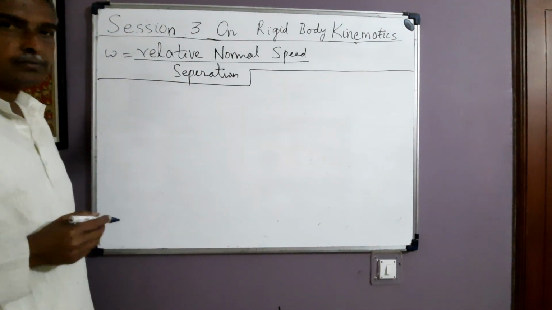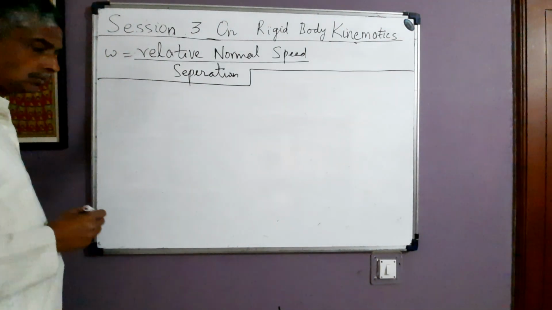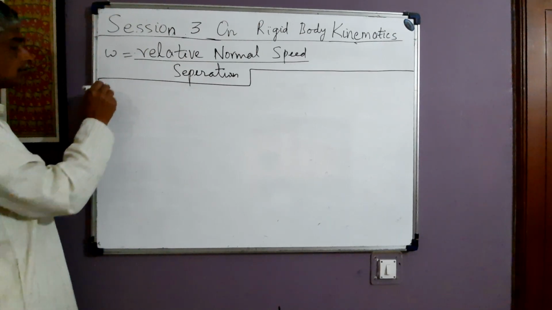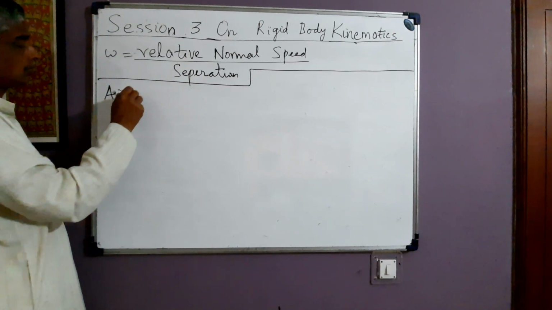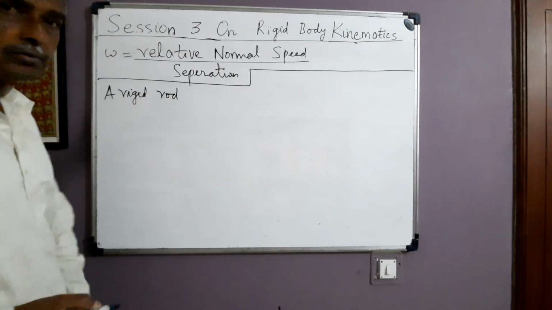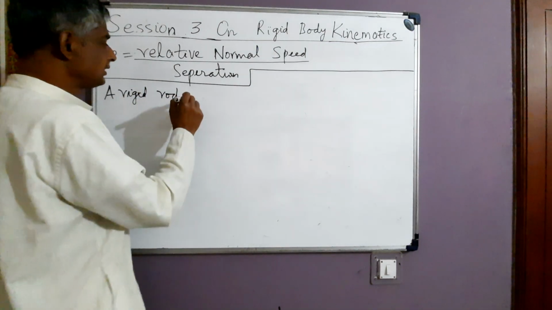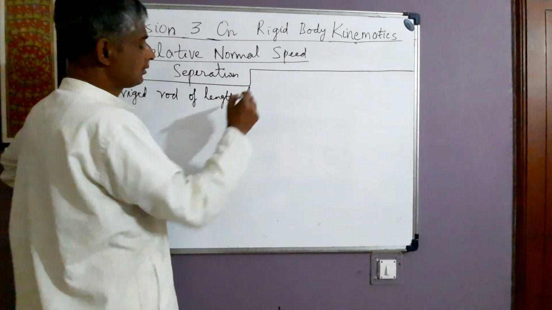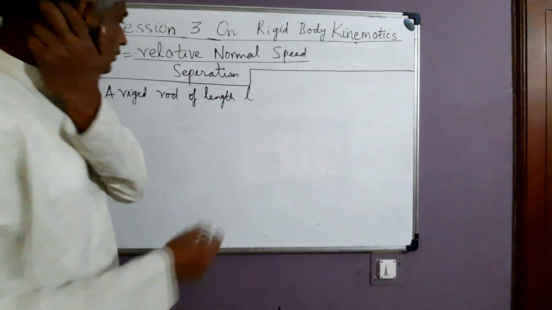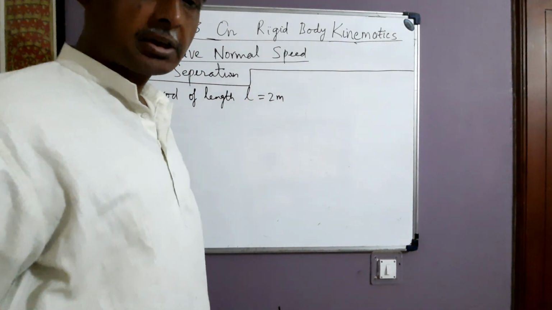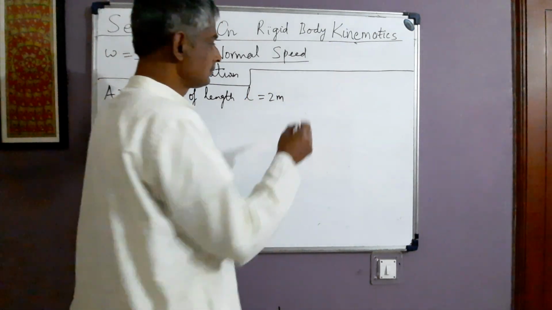So the question is this: a rigid rod of length L equal to 2 meter rotates in a vertical plane with respect to ground.